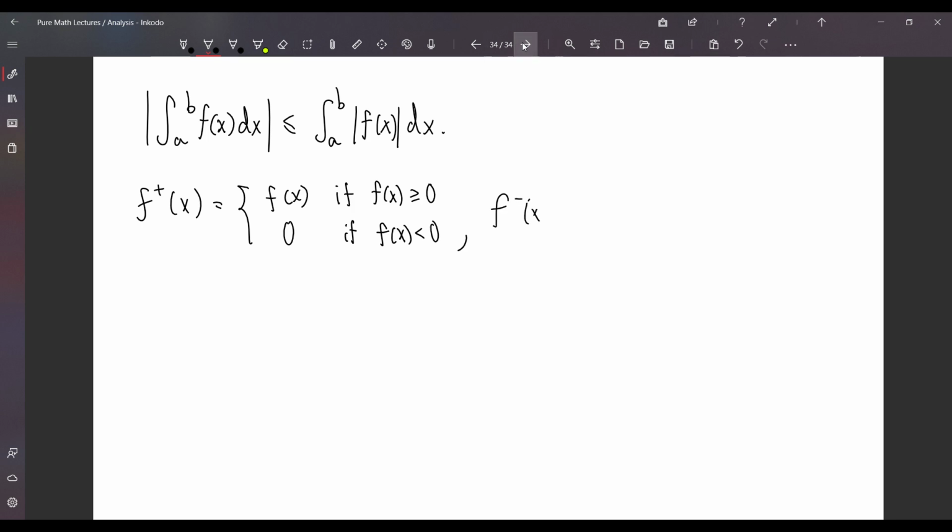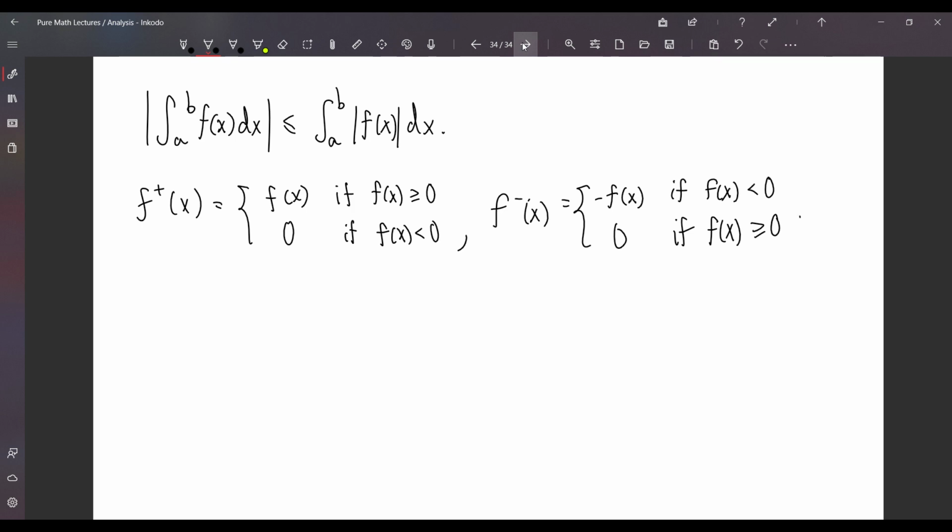And similarly, f minus of x is going to be negative f of x if f of x is negative, and 0 if f of x is greater than or equal to 0.